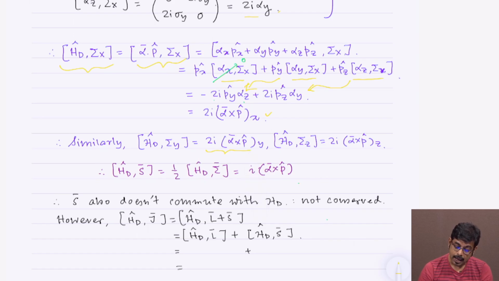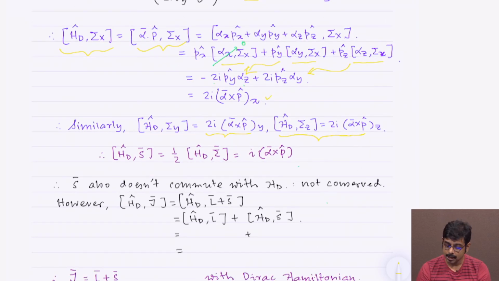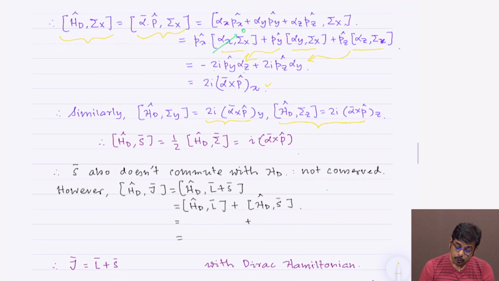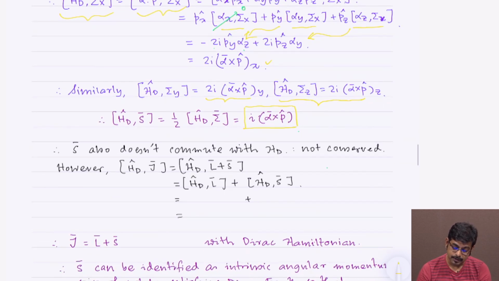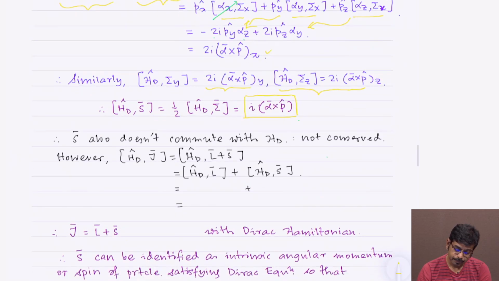With sigma z, it gives 2i times the z component. So together we find that the commutator of H_D with S, which is half of H_D with sigma, is equal to i alpha cross p, because you have all these three components for sigma x, sigma y and sigma z.